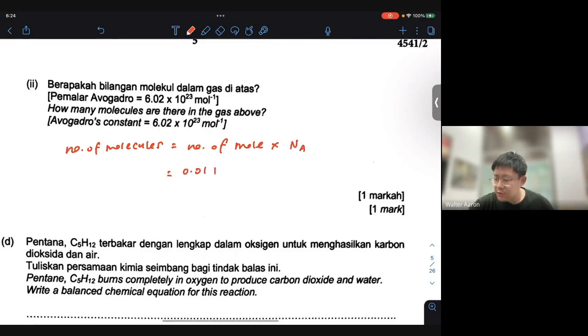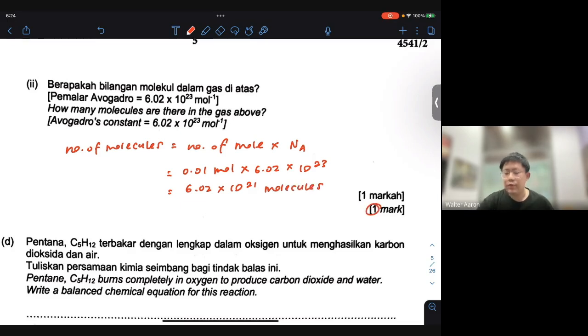So it's 0.01 mole multiplied by 6.02 times 10 to the power 23. If you calculate it using a calculator, you'll be able to get 6.02 times 10 to the power 21 molecules. All right, so you get 1 mark over here.